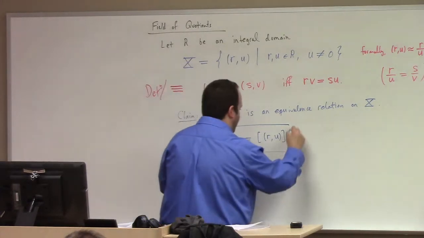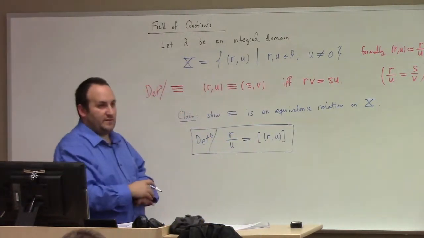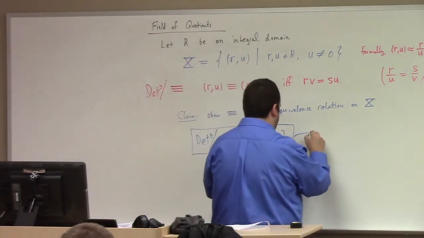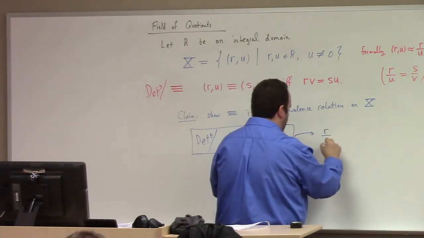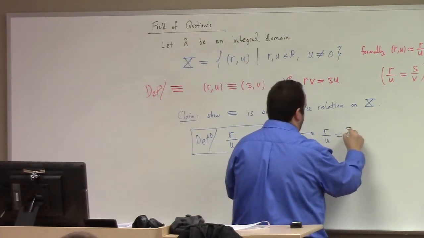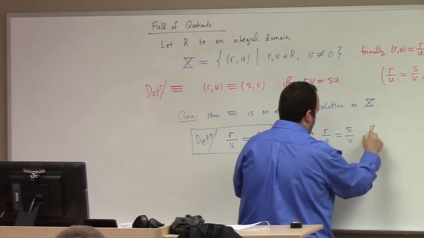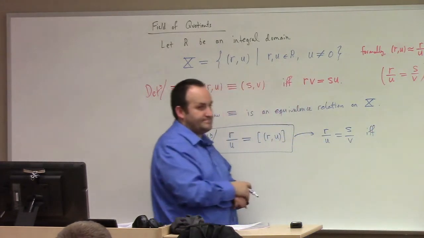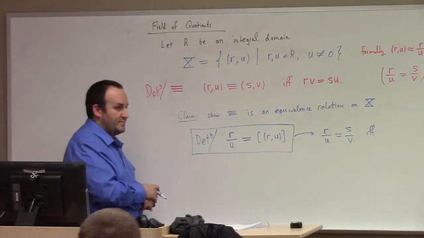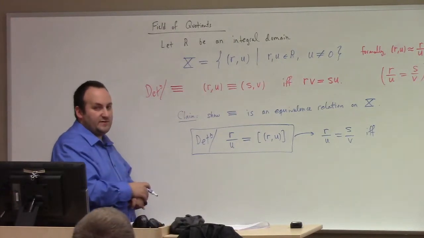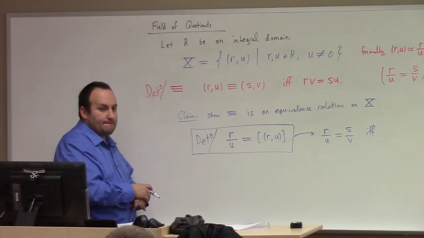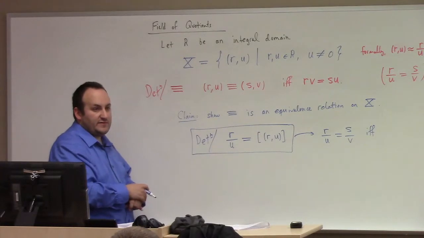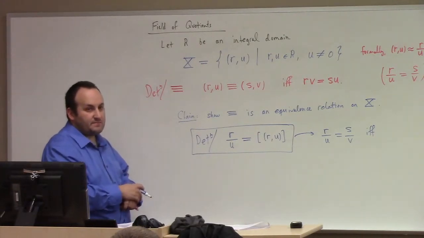So once you make this definition, a straightforward application of the definition is r over u is equal to s over v if what? Right? What does it mean for those equivalence classes to equal each other? When are two equivalence classes equal to each other? Chapter 0.